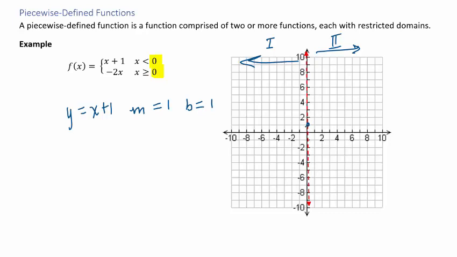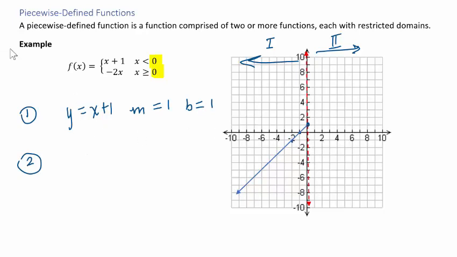So if we think about it as a ratio 1 over 1, we would go up 1 and right 1 and place another point. Because I want to draw the graph to the left of the y-axis, we're going to go down 1 and left 1 instead. And then sketch this ray that passes through the points that you have drawn.